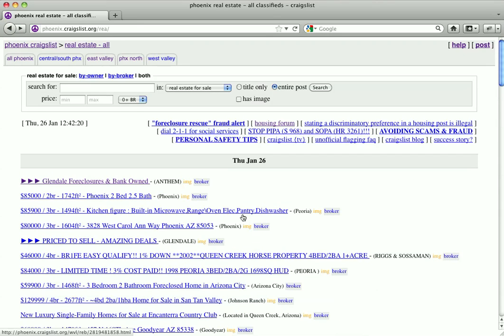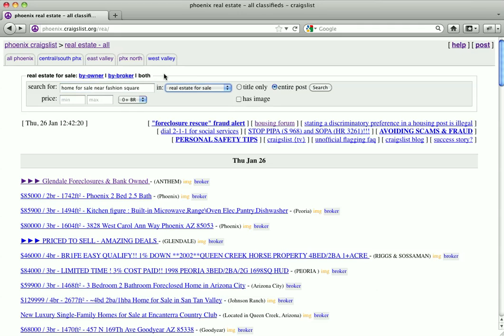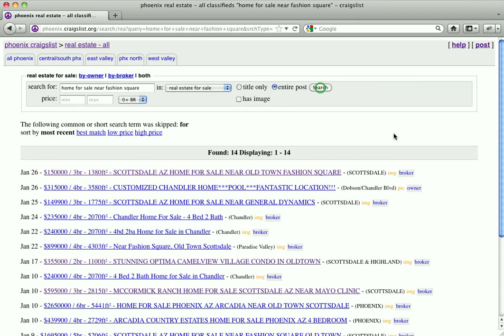Well, again, these people have become more and more informed and educated on how to use Craigslist and Google and Yahoo as search engines. So when they're searching, they're going to type in what they're looking for. I'm looking for a home for sale, say near Fashion Square, the Fashion Square Shopping Center in Scottsdale, and I do a search.